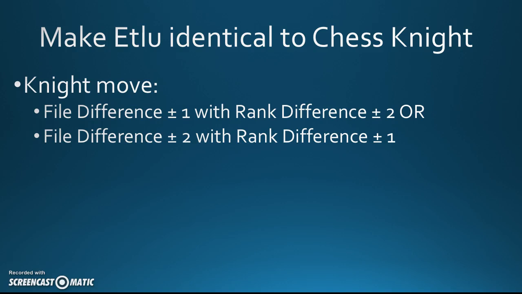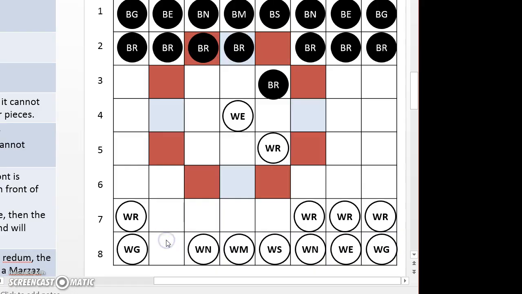I'll show you this on the game board. On this board here, I've put a white Etlu somewhere in the middle, at 4-4, and the pale blue squares represent what it currently can do. It can move 2 forward or 2 to the side. However, these brown squares represent what a knight could move.